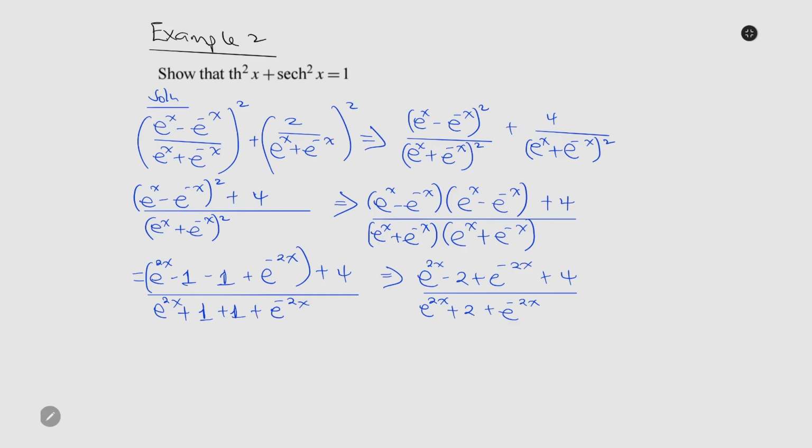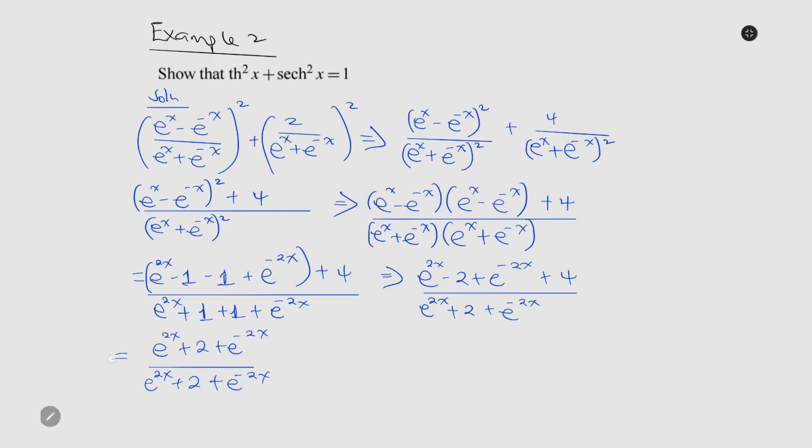We will have e^(2x) plus 2 plus e^(-2x), all that over e^(2x) plus 2 plus e^(-2x).